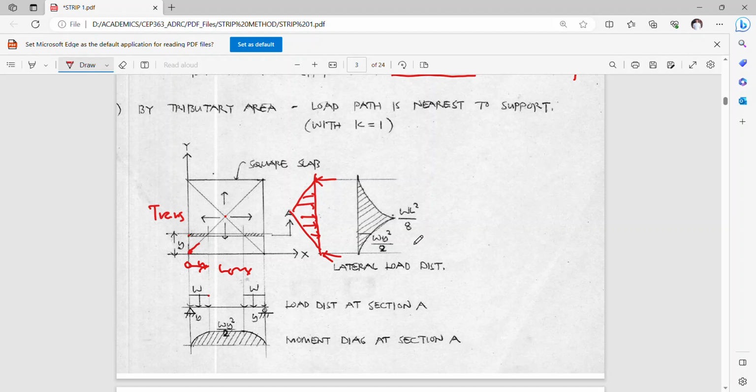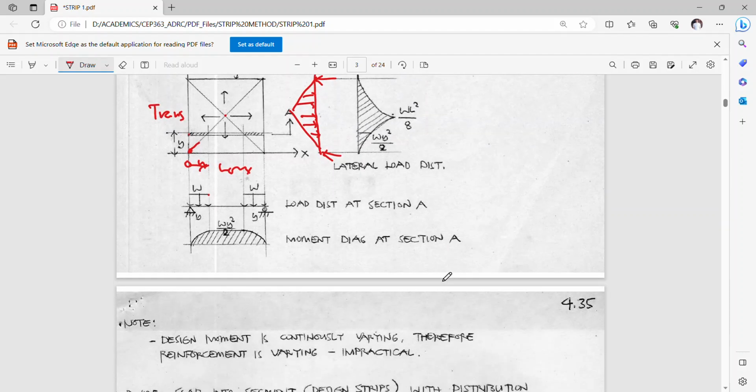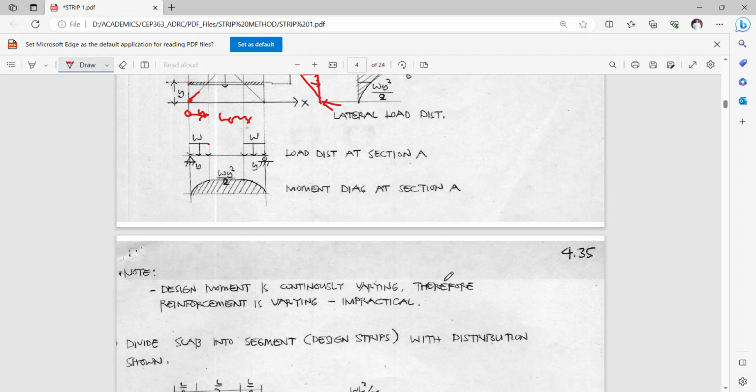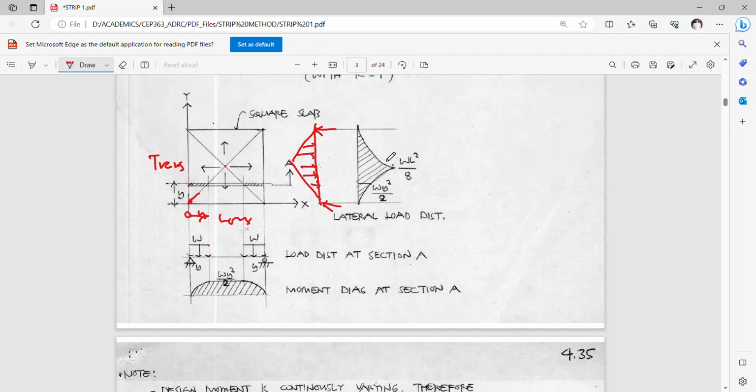Take note that the design moment is continuously varying, therefore the reinforcement is also varying. In this direction we have no problems, since we can assume that all the reinforcement can carry wy squared over 2.